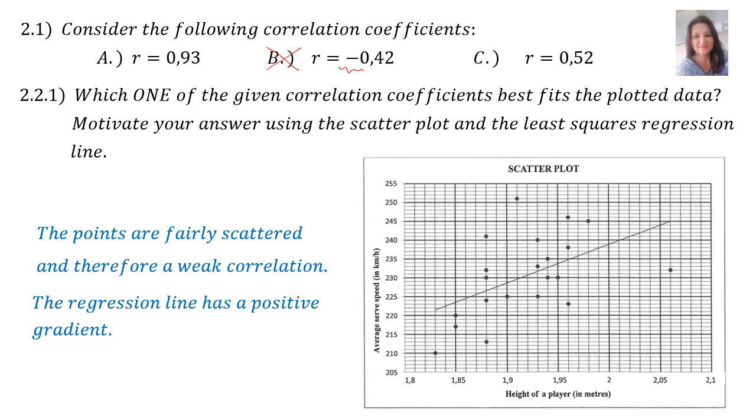Now let's zoom in on number A. R is 0,93. That is a very strong positive correlation. And then when you go to C, R is 0,52. That is a weak correlation. So my answer is number C. R is 0,52.